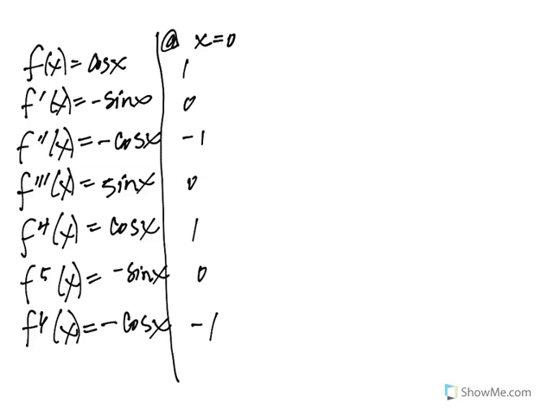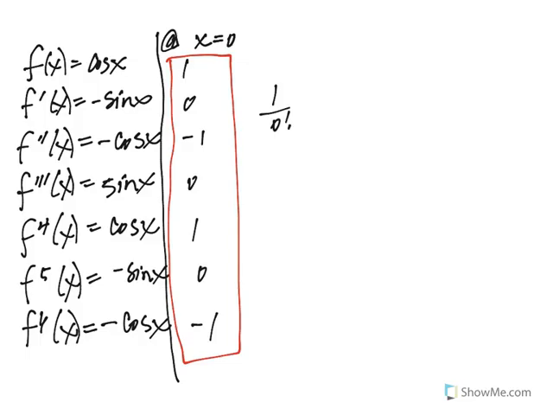All right, so the third problem, as you can see, I've already written out the first through sixth derivatives for the cosine of x, and that's necessary if I'm coming up with a Maclaurin polynomial estimation of the cosine of x. So now I'm going to take these values in this column right here, and I'm going to use that as my numerator for each one of the terms of my sequence. So if you recall the formula, I'm going to get 1 over 0 factorial, that's x to the 0.